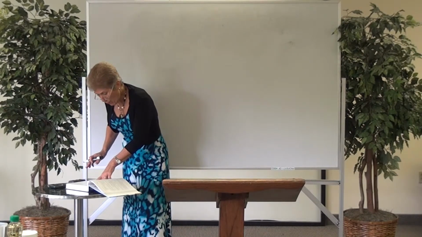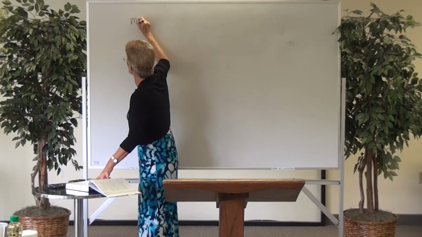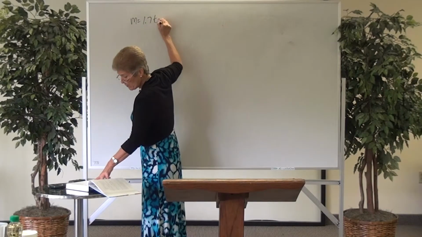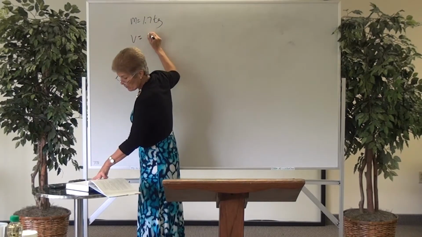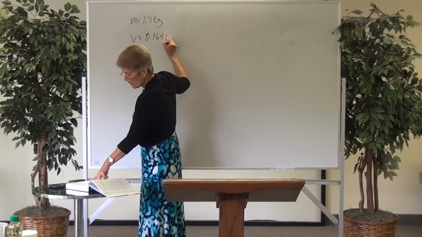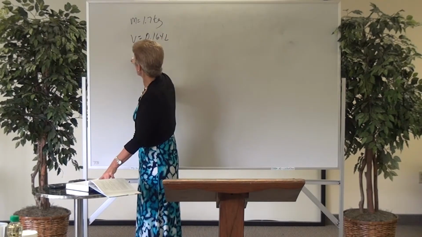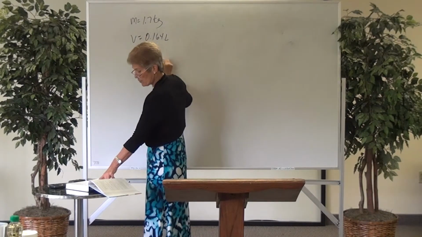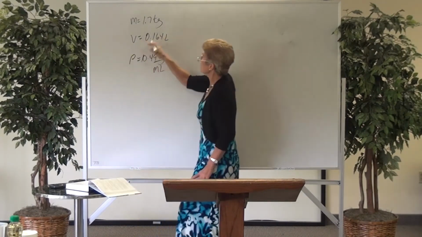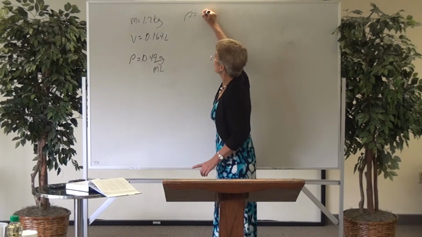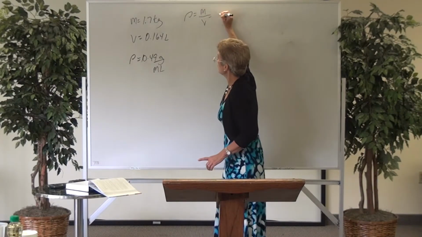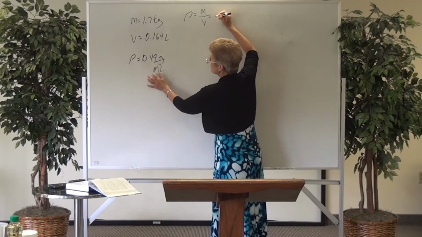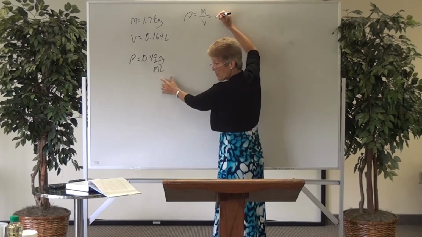A sample of what looks like silver has a mass of 1.7 kilograms and a volume of 0.164 liters. It gives us the density of silver at 10.49 grams per mil. And it wants to know, is this really silver? So we go rho equals mass over volume. I'm going to take the mass to grams per mil because that's what this is in.